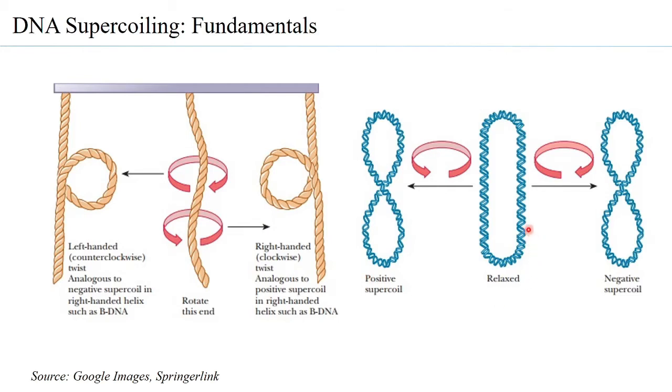When you do not have any twists introduced into this closed circular DNA, the DNA is considered to be relaxed. But when it is twisted towards its right, then you get positive supercoil. So you can already see there is a positive supercoil. And when it is twisted towards its left, you will get a similar, but then the twist is a negative supercoil. So it's again the direction of the twisting that decides whether the supercoiling is positive or negative.